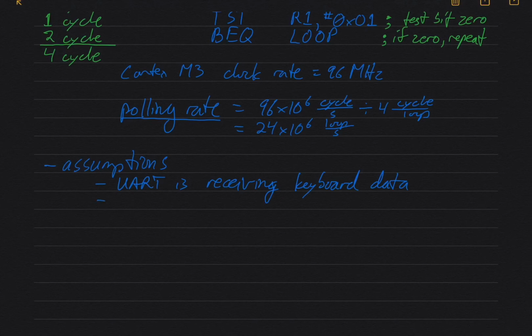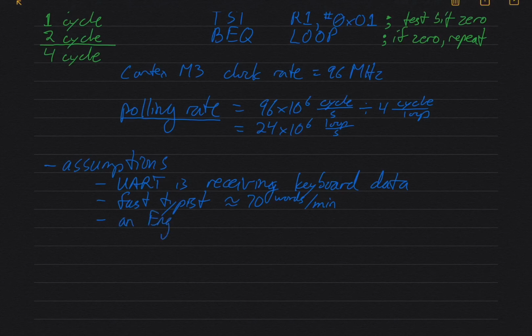And let's assume that a fast typist can do in the neighborhood of 70 words per minute. I looked that up somewhere, and let's assume that a word is on average 5.1 characters.